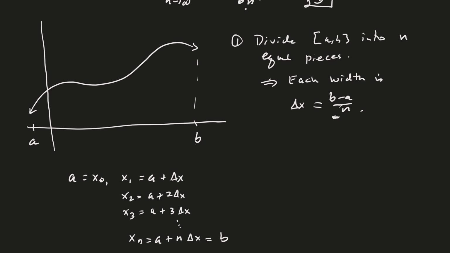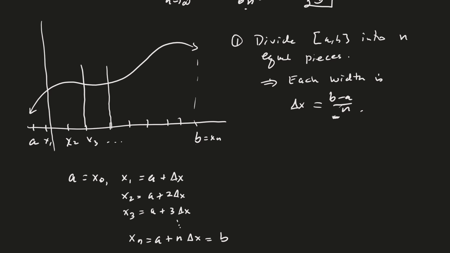Now we have these endpoints here, x1, x2, x3, and so on, and this is xn. Okay, so now we have to decide, if this is my strip going from xi to xi plus 1, where am I going to take the height of the rectangle?